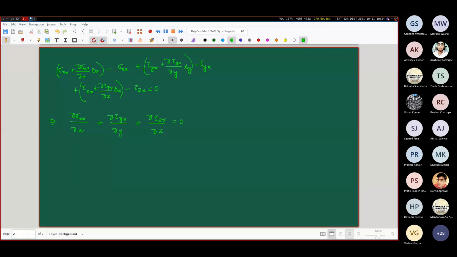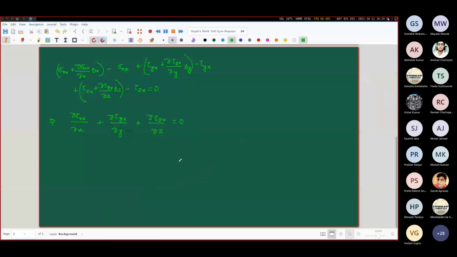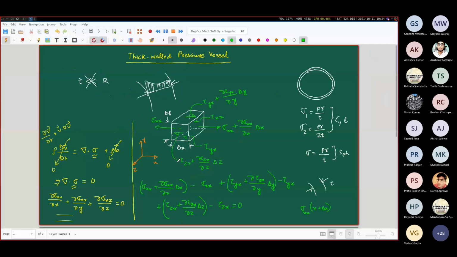Excuse me, sir. I did not understand how del tau yx upon del y is coming. Can you explain? So you see, I am considering on the bottom face, this is tau yx. On the top face, it is what? Tau yx, but as a function of y plus delta y.